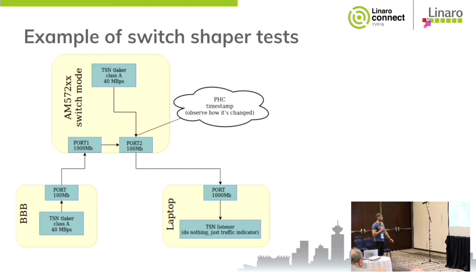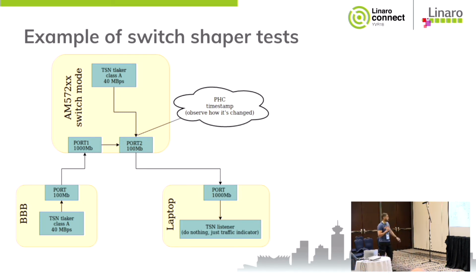This is one of the examples we can use for testing the switch approach, when we have a switch with CBS shaping applied. In this case, we have a pre-configured CBS shaper on port 2 for 80 megabits per second. That includes traffic from one board and from the host.